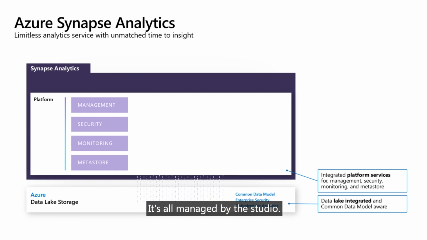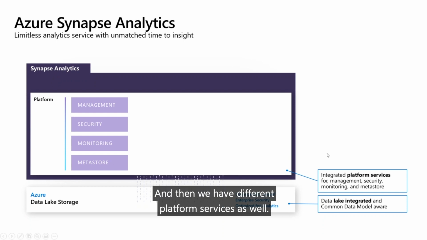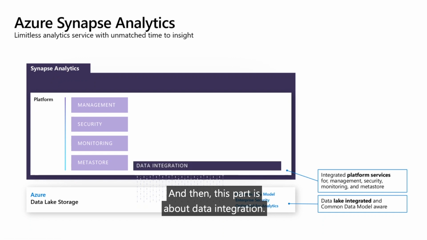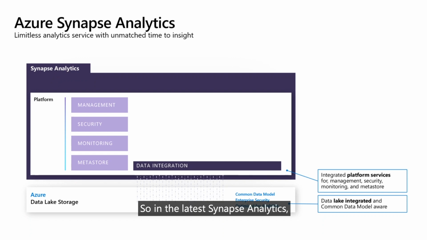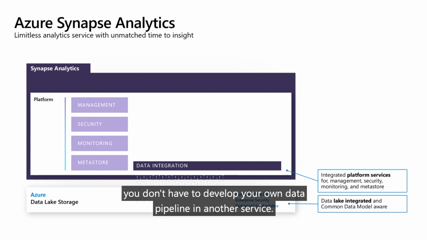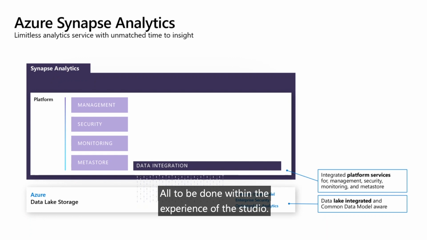It's all managed by the studio. So you can connect to different data sources and manage role-based security within the studio. And then we have different platform services as well. And then the next part is data integration. In the latest Synapse Analytics, you don't have to develop your own data pipeline in another service; it can be done within the experience of the studio.